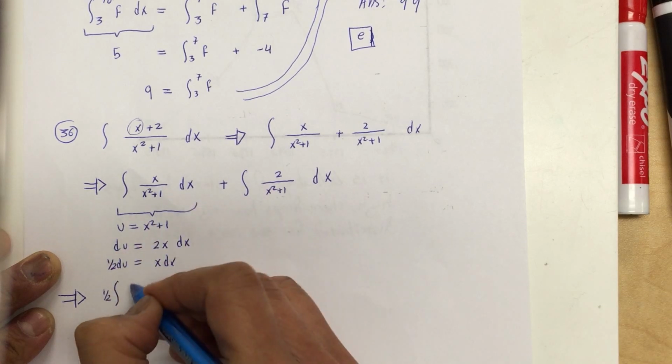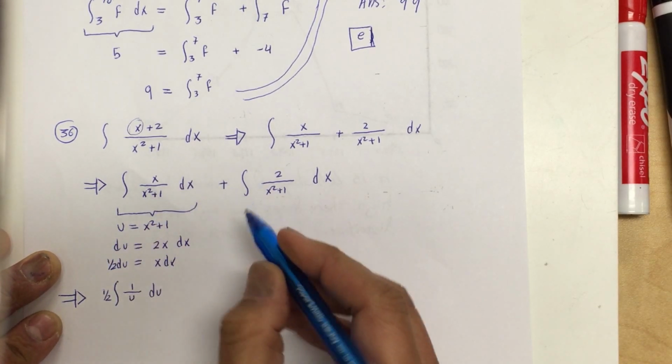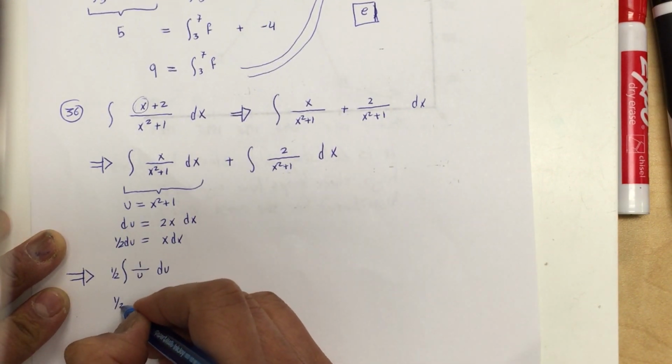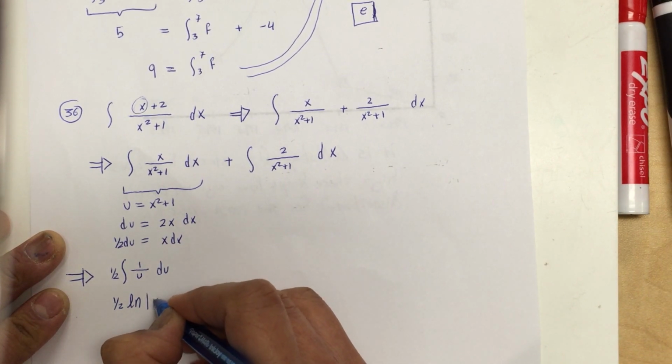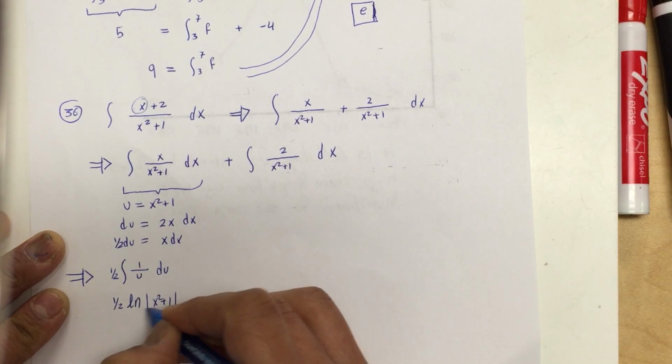We have 1 over u. And when we finish this, we get 1/2 ln of u plus c. But u is x squared plus 1, so that's 1/2 ln of x squared plus 1.